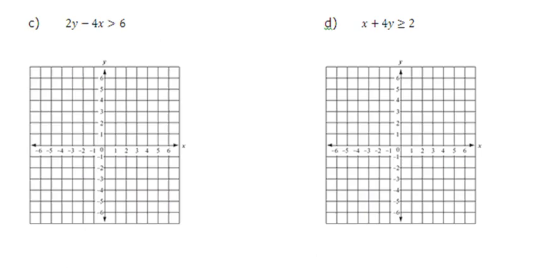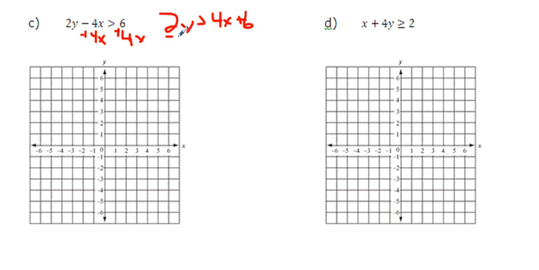Okay, 2 more. So C, same idea. I'm going to go ahead and solve for y. So I have to add 4x. So I have 2y is greater than 4x plus 6.